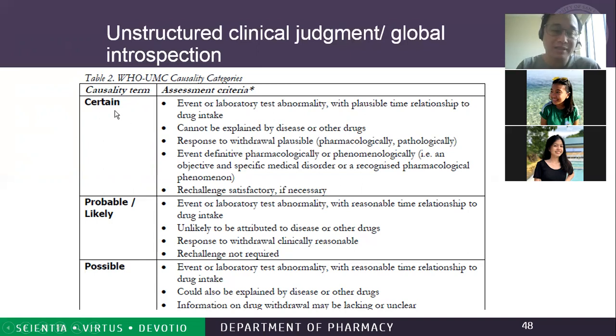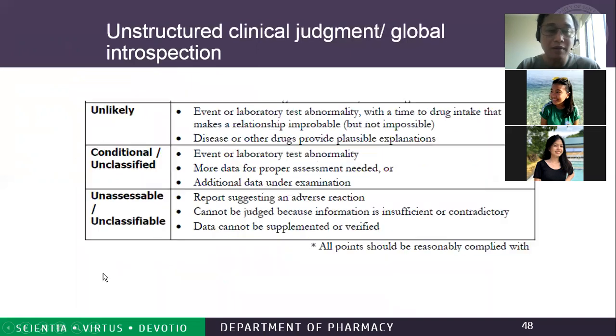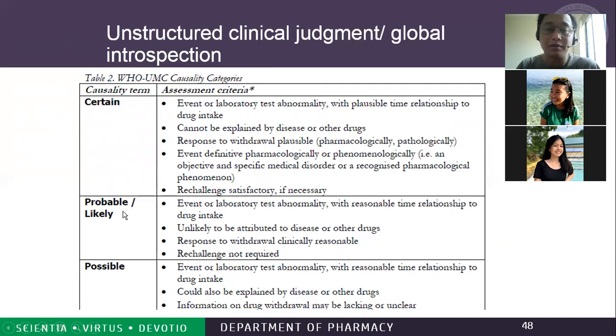The first is certain, the strongest association, and then probable, possible, unlikely, conditional, and unassessable. We can classify the relationship between an event and a drug as certain if they fulfill these criteria.